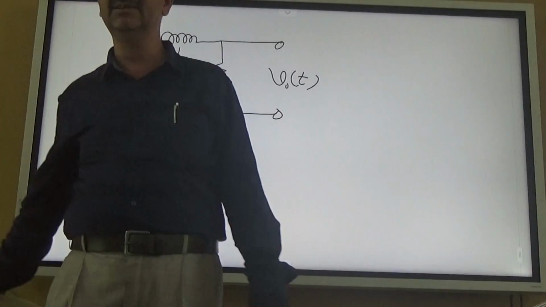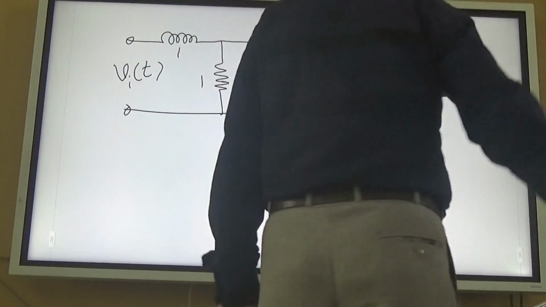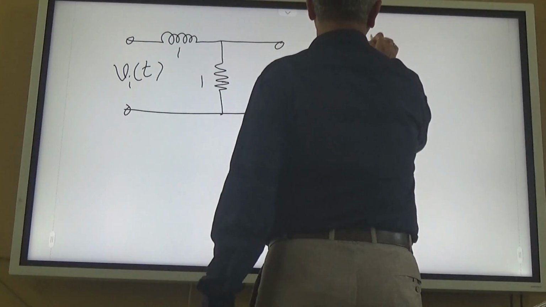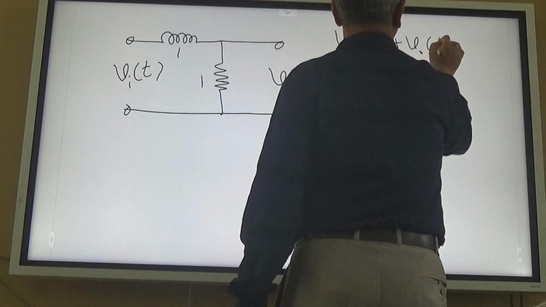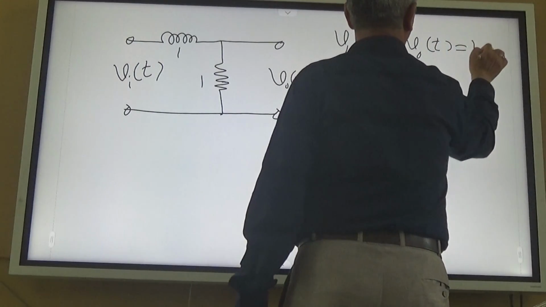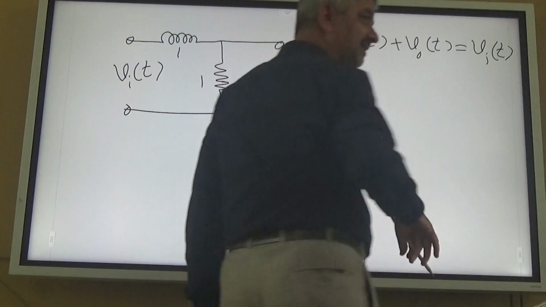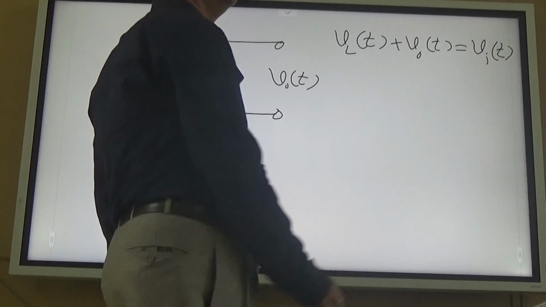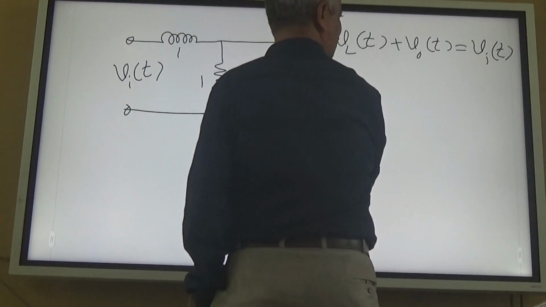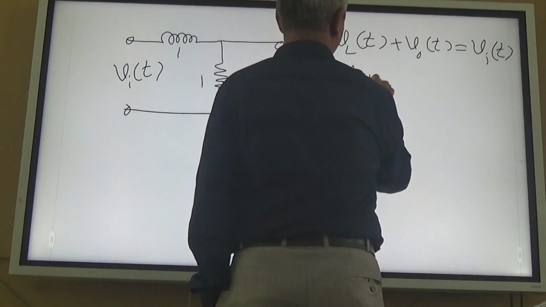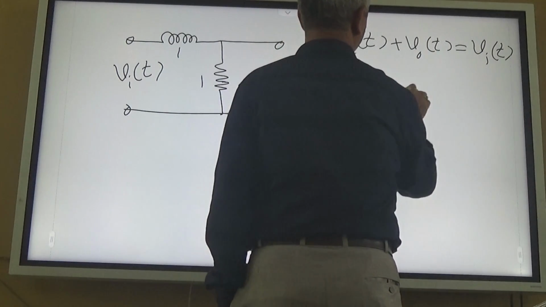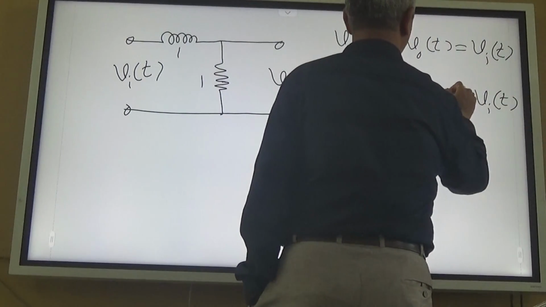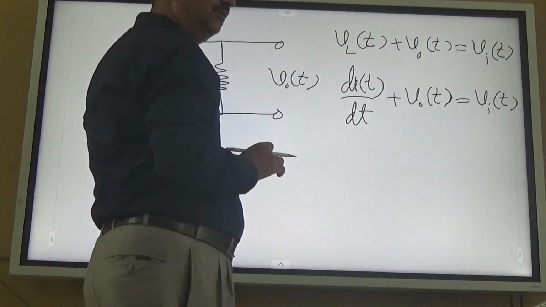So, how will you proceed? Same thing again. VLT plus VOT is equal to V, right? What is VLT? L is 1, so dit by dt plus VOT is equal to V. So here we use the property of the inductor. Now use the property of the resistor.